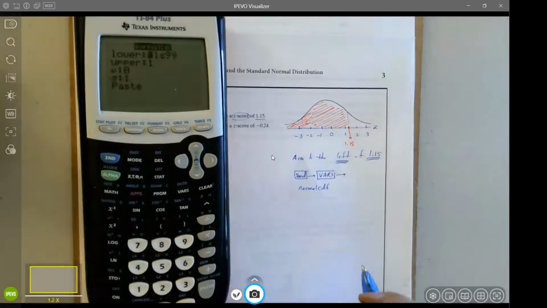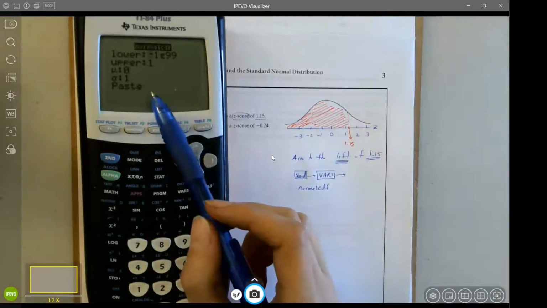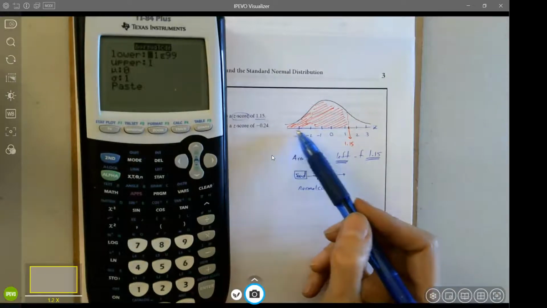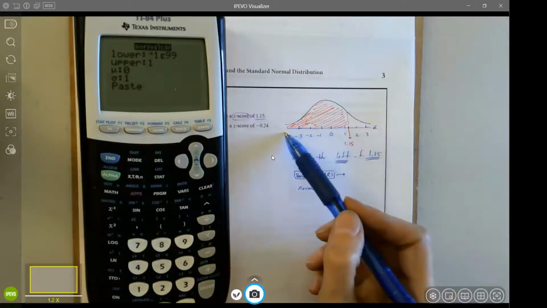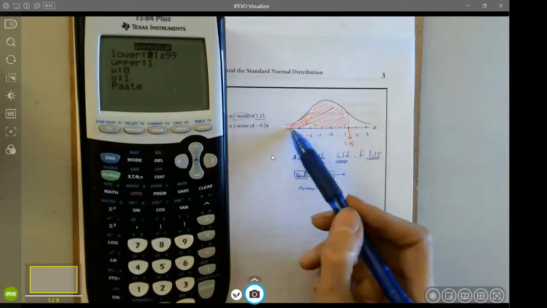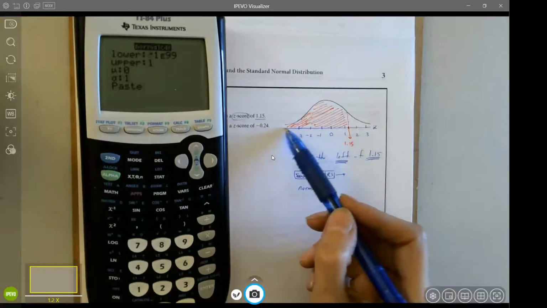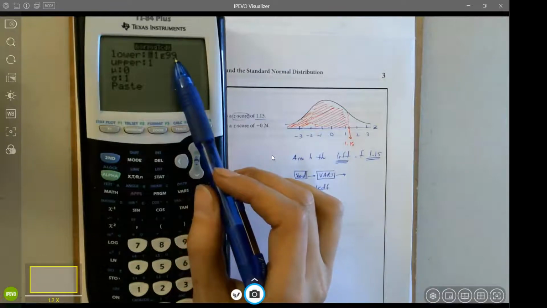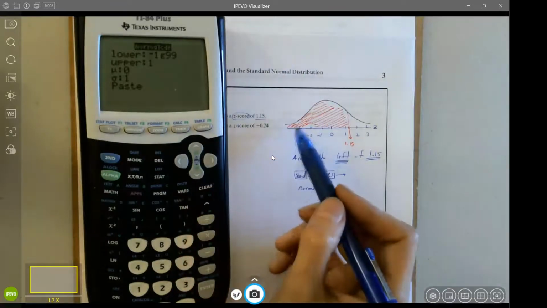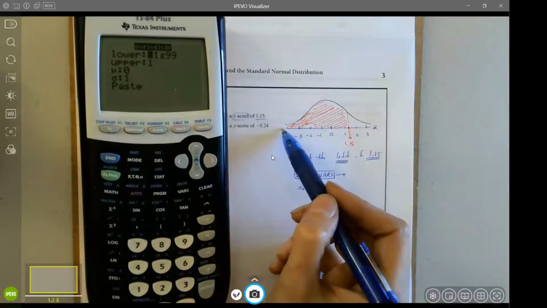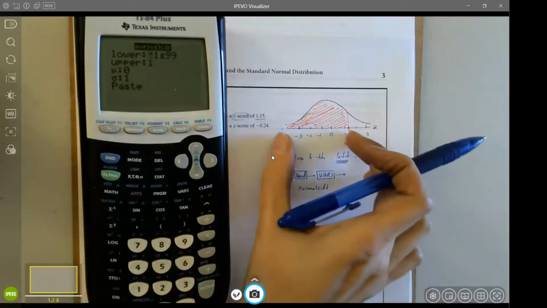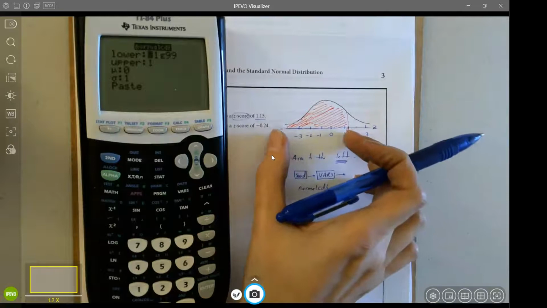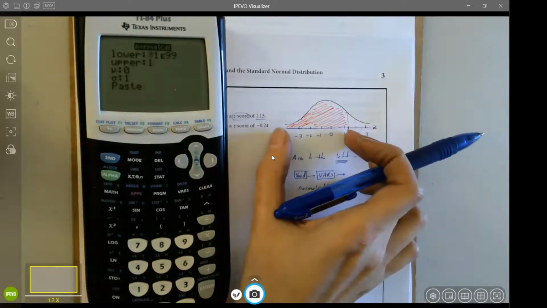When we click on normal CDF, since we are finding the area to the left of 1.15, the number on the left-hand side is going to be very small: -1, E, this is the exponent, 99. So it's a very small number on the left-hand side. Note that we are finding this area between these two numbers.